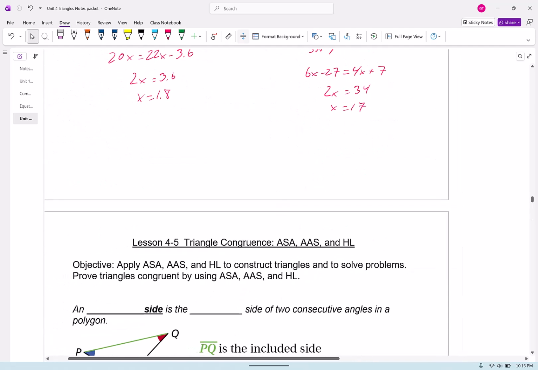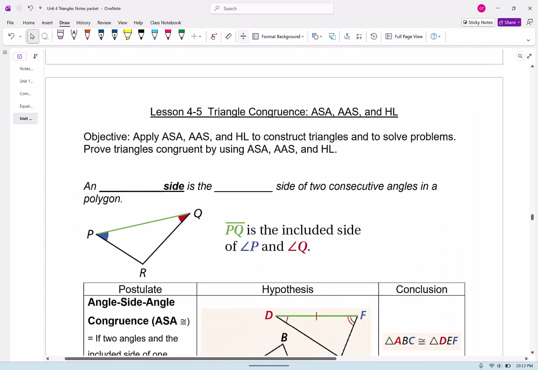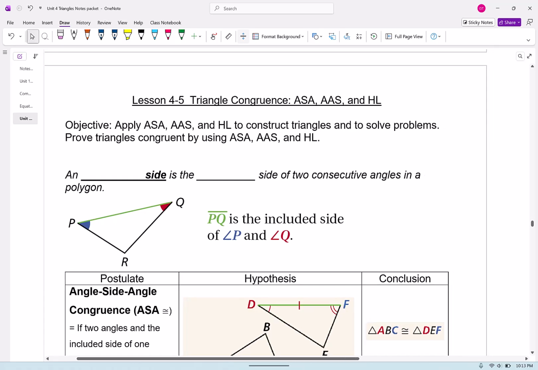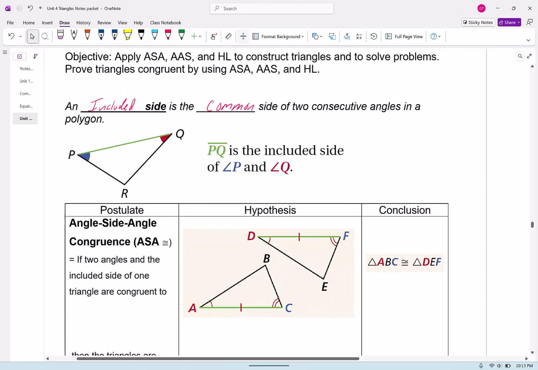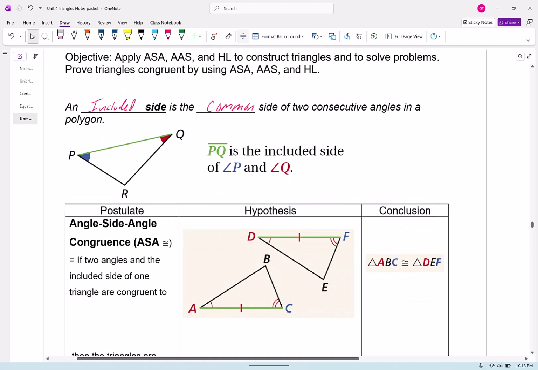All right, moving on here. All right, we got a couple of more possibilities. So we got an included side, which is the common side of 2 consecutive angles in a polygon. All right, so I got 2 angles, P and Q, and I got a side in between those 2. So we have an angle, we have a side, we have an angle.